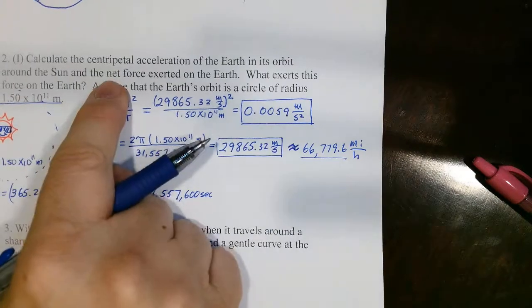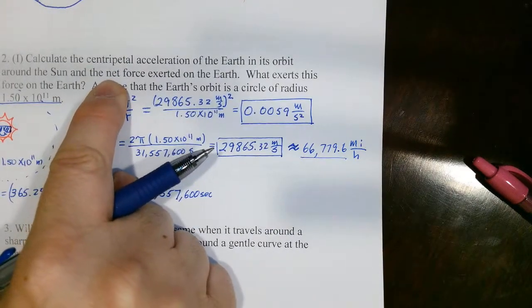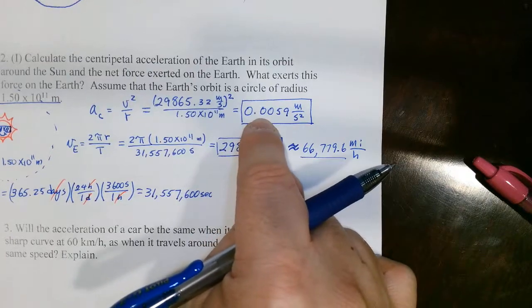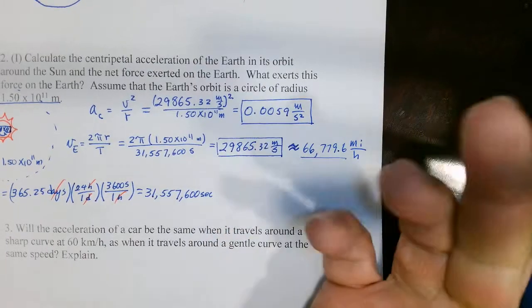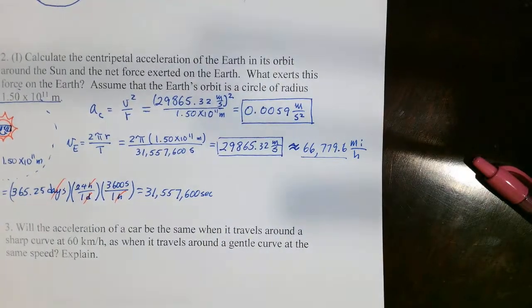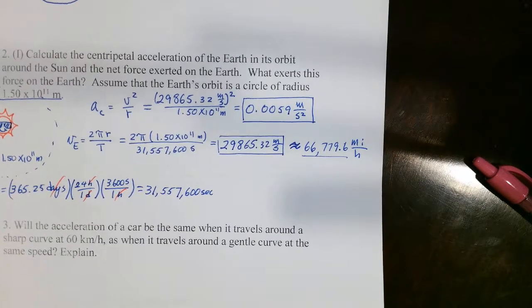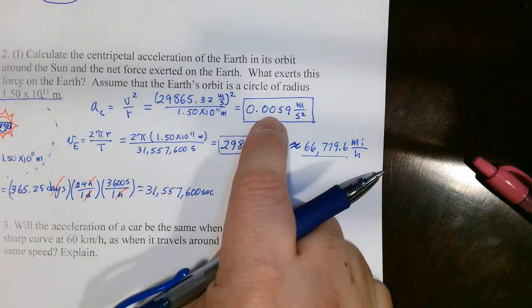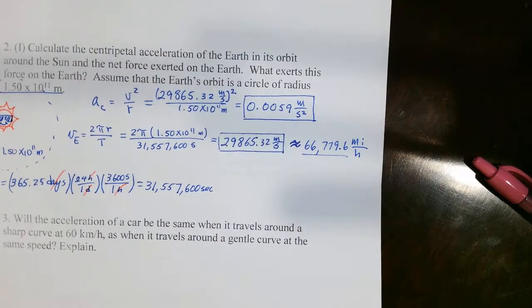Now, if you want to find the net force of the Earth, what you need to do is multiply that by the mass of the Earth in kilograms. And the mass of the Earth is pretty huge, actually. It's like 6 times 10 to the 24th kilograms. So it's a huge amount of attractive force. But we'll talk about that more in detail next time.